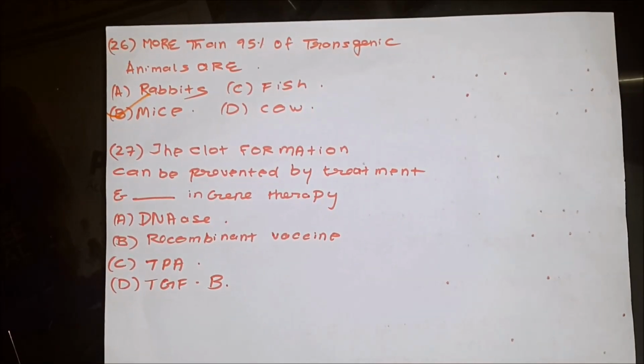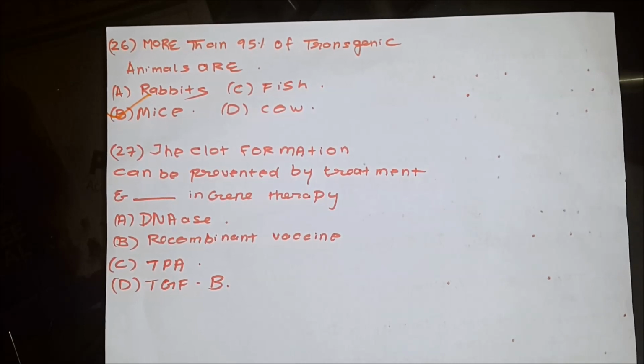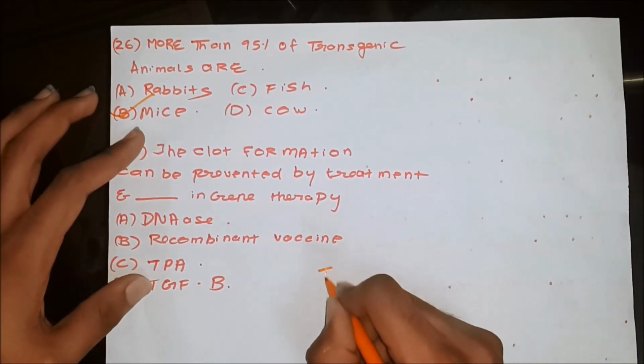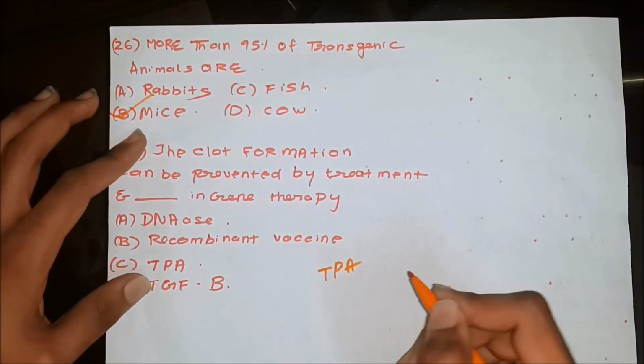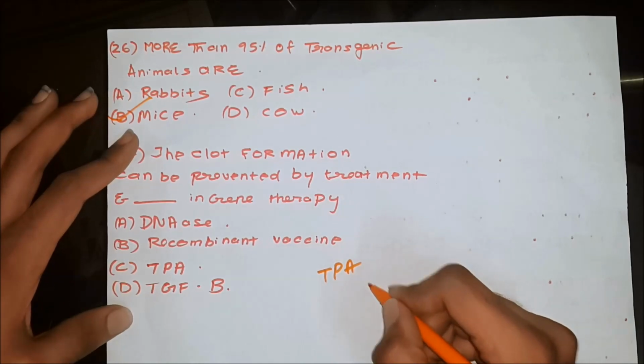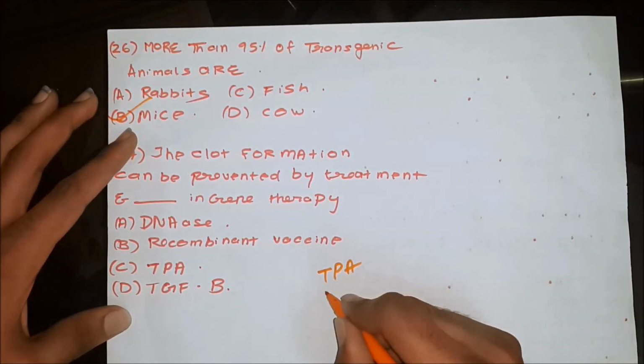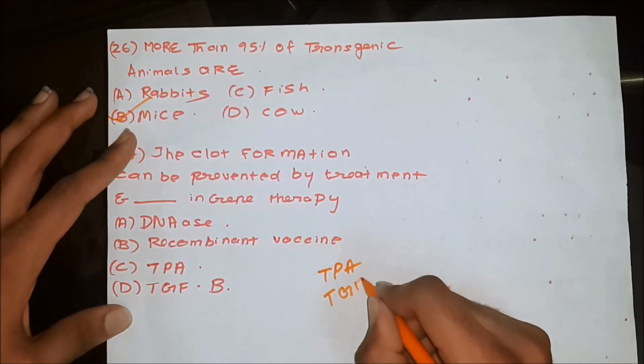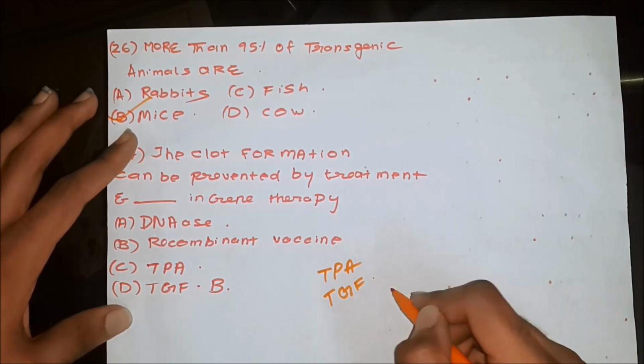The clot formation can be prevented by treatment with, options are A. DNase, B. recombinant vaccines, option C, that's TPA, D is TGF-B. Now TPA is tissue plasminogen activator. It helps you prevent clots, and TGF is tissue growth factor.